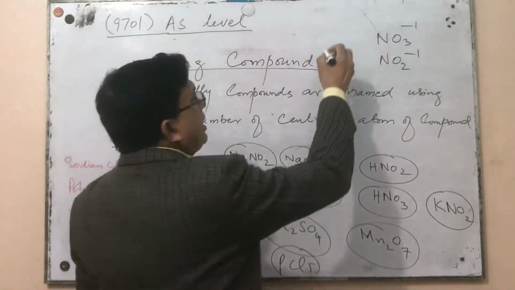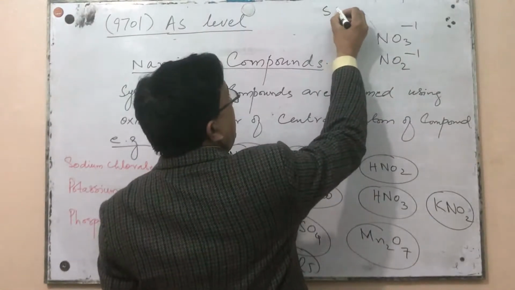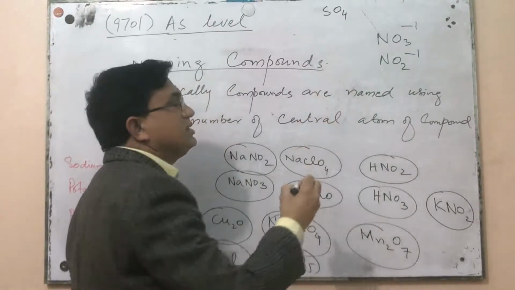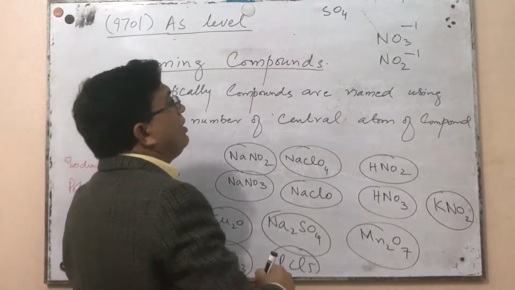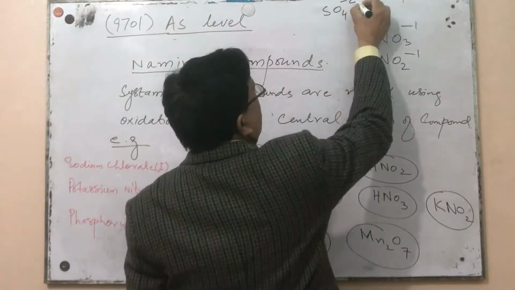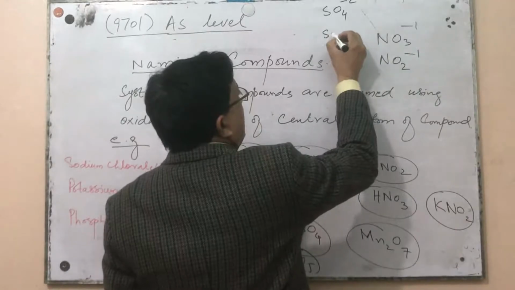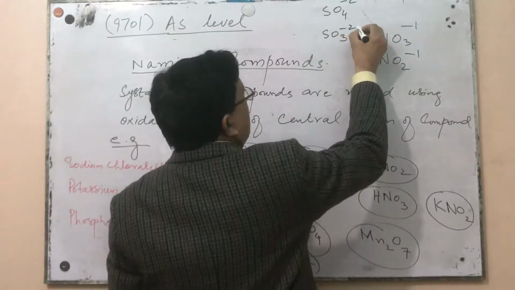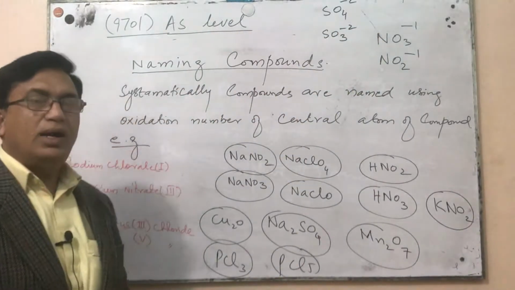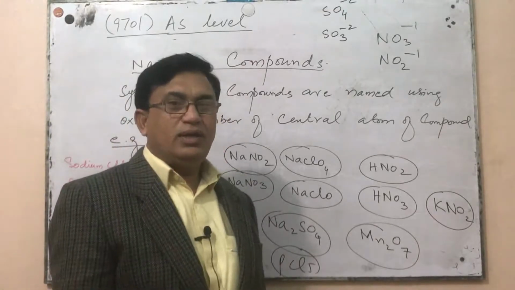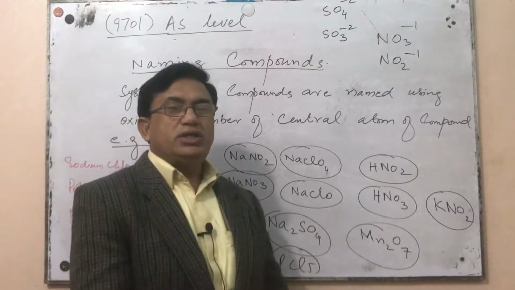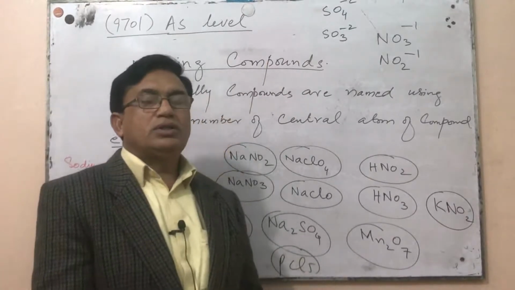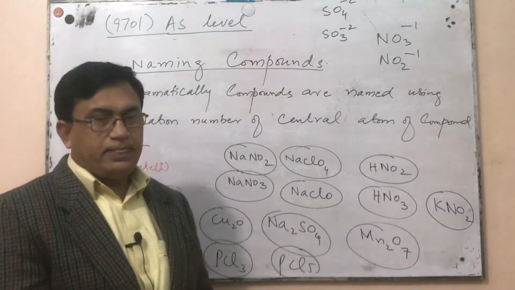Similarly, if the bonding is between sulfur and oxygen, using ATE at the end, the name will become sulfate, either it is SO4 or SO3. Both of these will be called sulfate, but the difference will be created using the oxidation number of the sulfur or central atom.